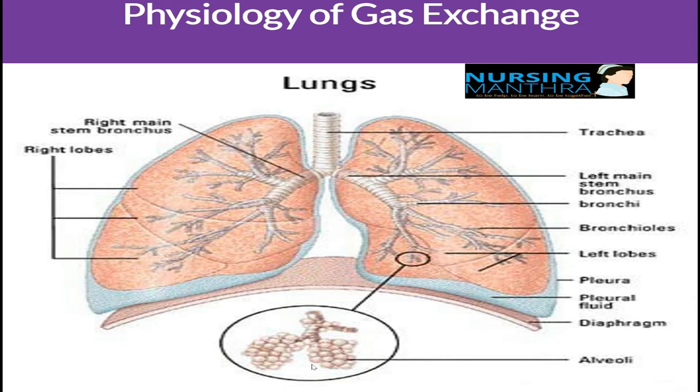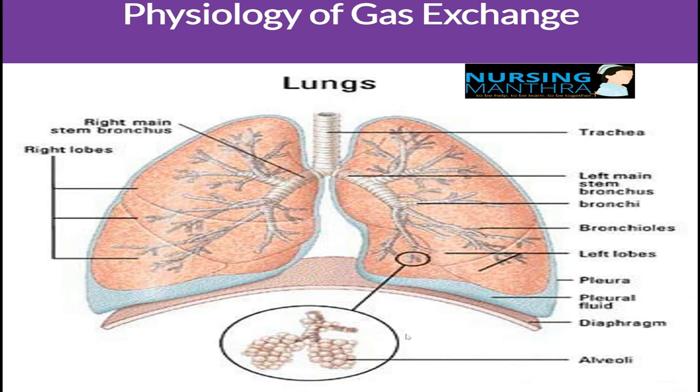Type 2 alveolar cells in the walls of the alveoli secrete surfactant, a phospholipid protein that reduces the surface tension in the alveoli. Without surfactant, the alveoli would collapse.